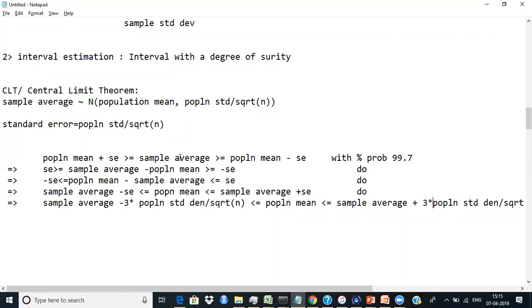You know that 66% of values lie between mean plus minus sigma, so out of 100 values, 66 will lie in that region. So you are 66% confident that the value lies in that region. Now, if I want to be 99.7% confident, my interval will obviously become 3 times wider.